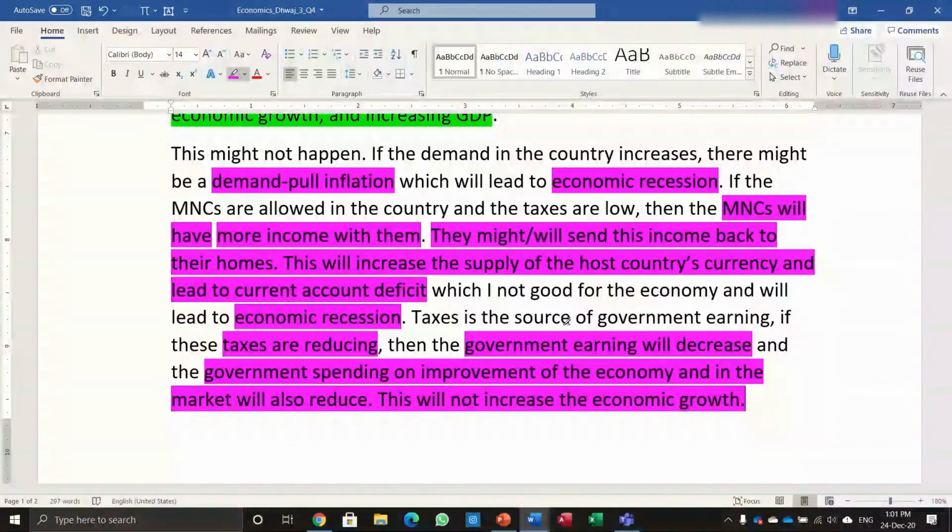So I have given my stance for, and I'm tackling the points with the monetary and the fiscal contractionary policies. I'm tackling demand pull inflation with that. So this is how you write a conclusion.